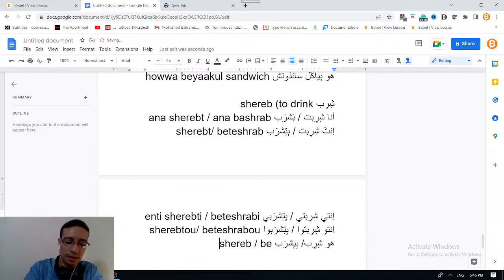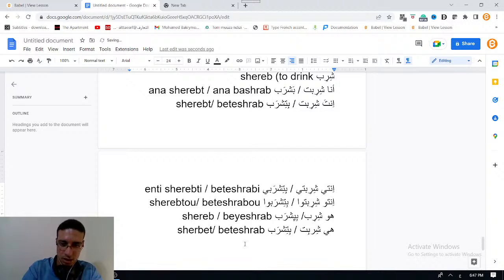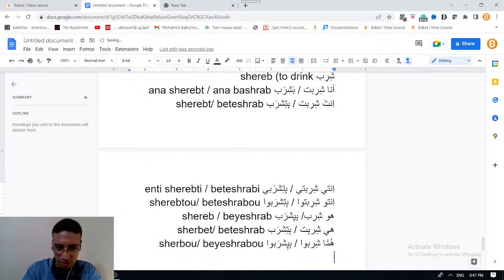And then هو بيشرب. هي شربت. هي بتشرب. هما شربوا. هما بيشربوا.